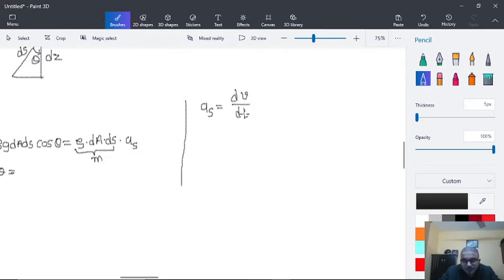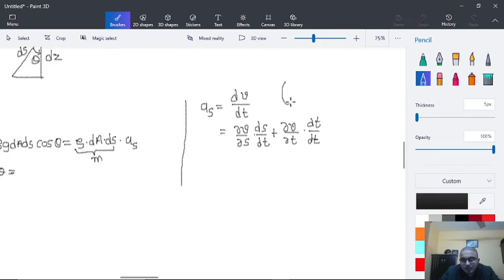So for that it will be del v over del s into ds upon dt plus del v over del t into dt over dt.